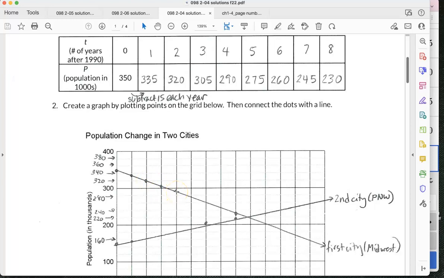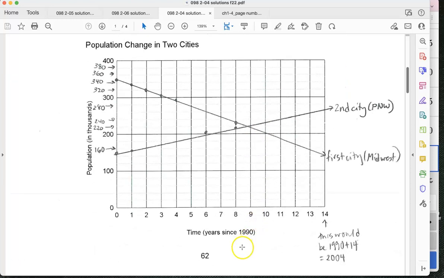And at some point, I got a little tired of this process, and I decided to skip to the end, and I said, okay, 8, 230. So if you go to year 8, and I locate 230, I drew that point, and then I just got my ruler, and I sketched in the whole line. So that's the first city, the Midwestern city, and it has a steadily declining population.